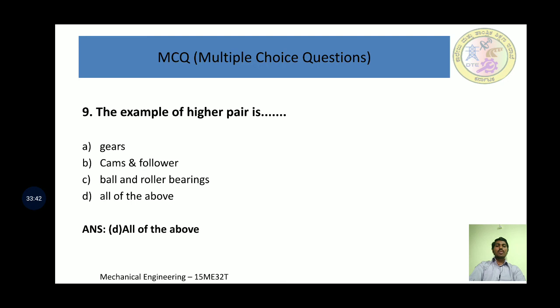When two elements of a pair have line or point contact when relative motion takes place, it is a higher pair. So gears, cams and followers, ball and roller bearings have a line or point contact. That's why these three are examples of a higher pair. Answer is all of the above.